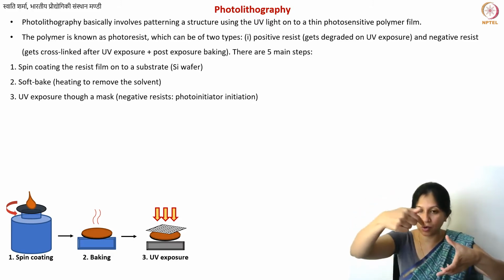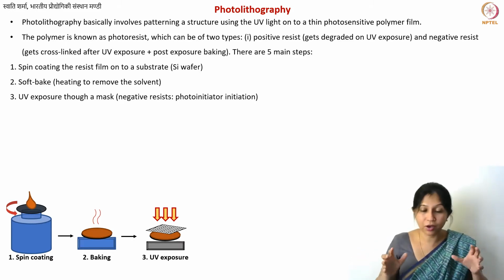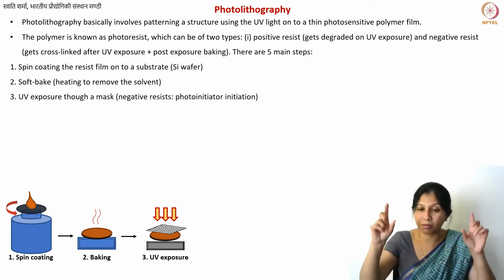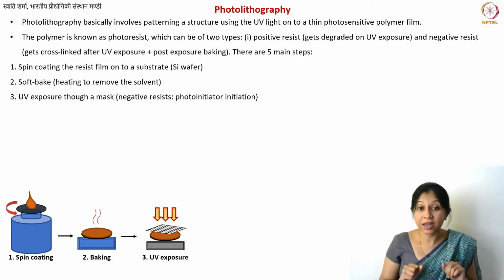Now UV light will go only in those regions where you have the transparent parts, whereas the black parts, or not necessarily black, a metal also can be used, but something that can block the light from going to your polymer. Okay, so through the transparent parts only the light will go.